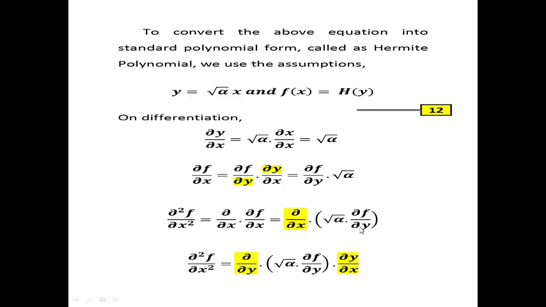So what I do is very simple again: I multiply and divide by dou y on both sides. I rewrite this dou by dou x term as dou by dou y times root of alpha, and then again I write dou y by dou x. I know the value of dou y by dou x is equal to root of alpha, isn't it?